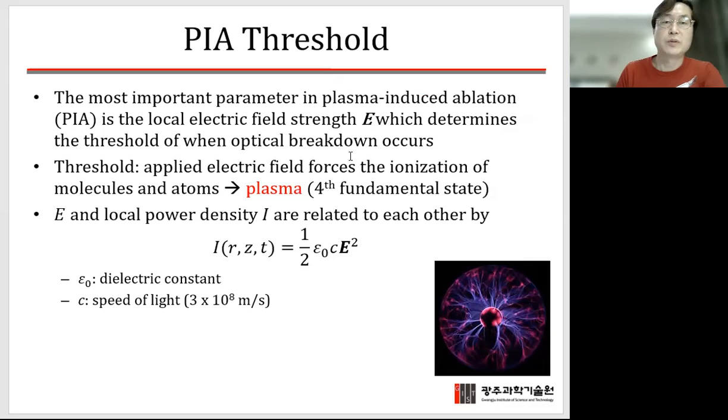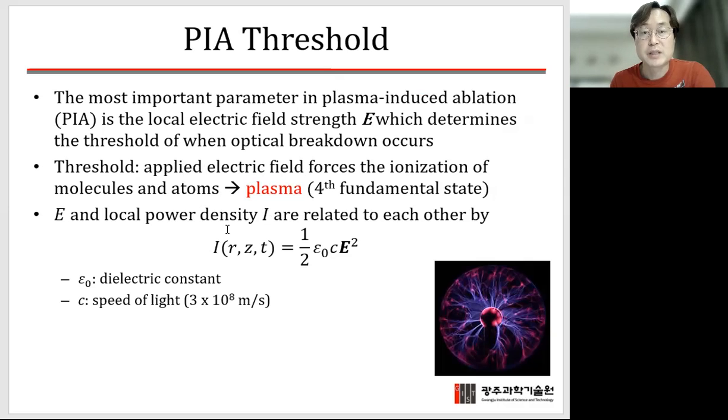So the threshold for the PIA can basically be thought of as electric field forces. The applied electric field is going to force the molecule or the atom to become ionized.